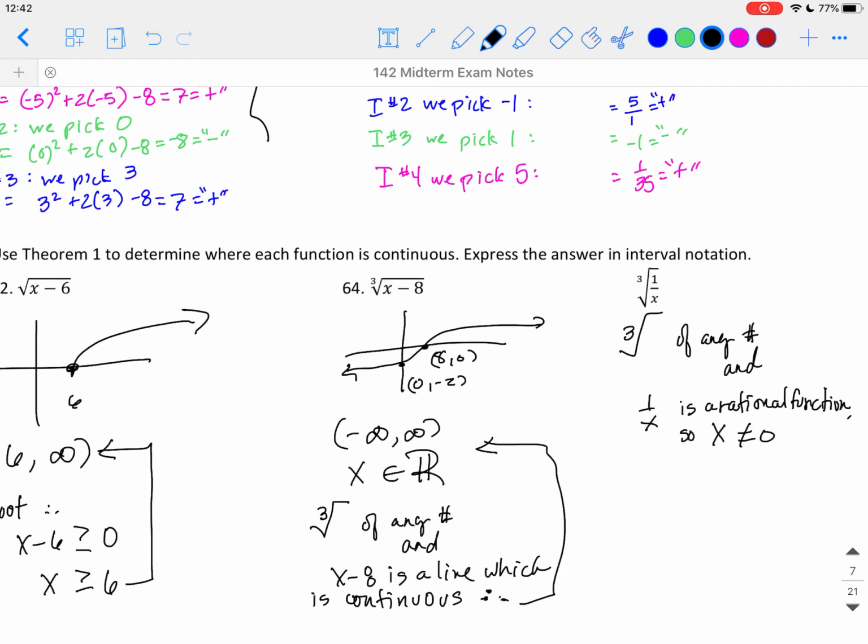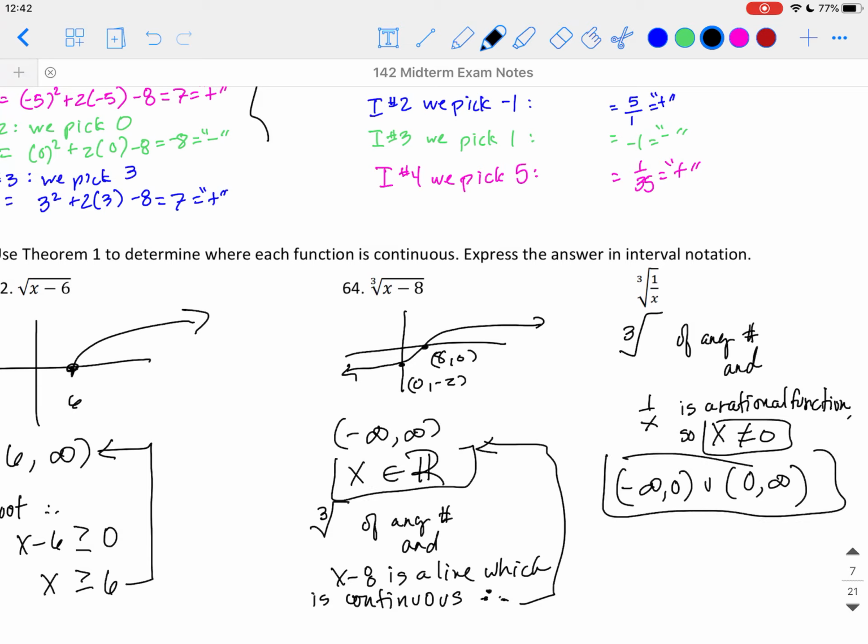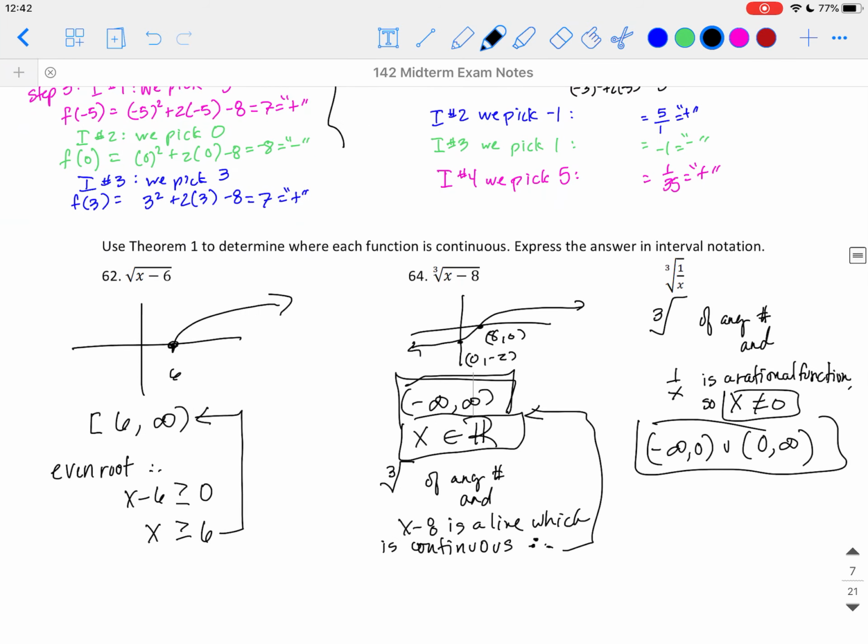So technically here, in set builder notation, x can't be 0. And it's going to be continuous from negative infinity to 0, in parentheses, not brackets, and then from 0 to infinity. So this is the answer, or this one. This is the answer, or this one. And for this one, this is the answer, or this one.